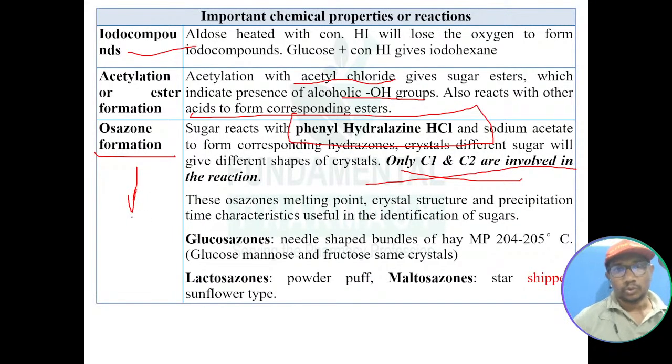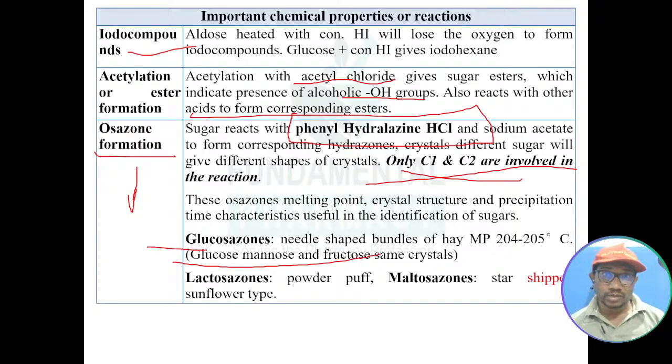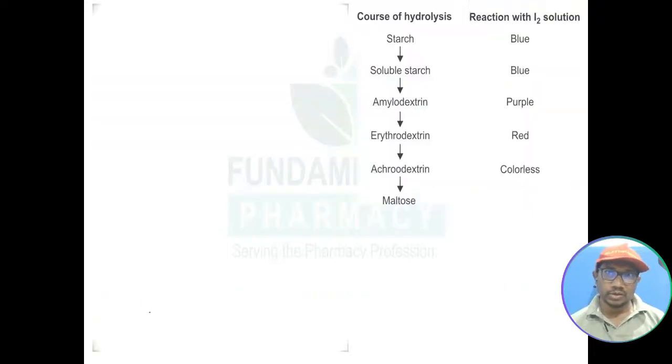Okay, see, osazone formation is also one of the tests to distinguish between monosaccharides and disaccharides, because glucose, mannose and fructose will give you the same crystal, known as glucosazone, that is needle shaped crystal or needle shaped bundle of hay. Lactosazone is a powder puff, maltosazone is a sunflower shape. We have seen this.